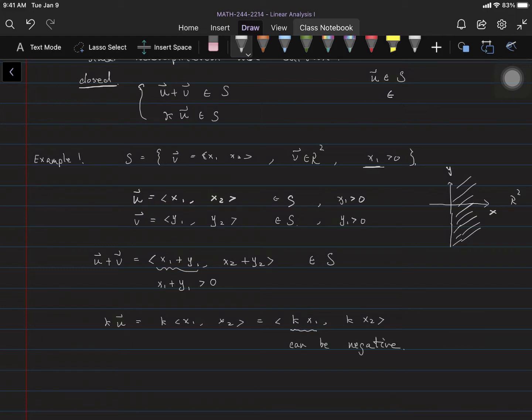That means this vector may not be inside S. It may go outside S, to the left side of the plane. In this case, this S is not a subspace. You know what the meaning of a subspace is? A subset that is closed under addition and scalar multiplication.